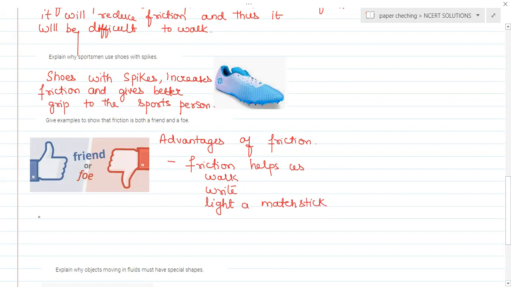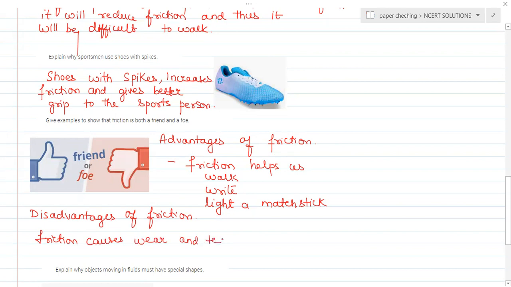Now, what are the disadvantages of friction? Let's write that too. Disadvantages of friction. It causes wear and tear, and thus it also requires maintenance.